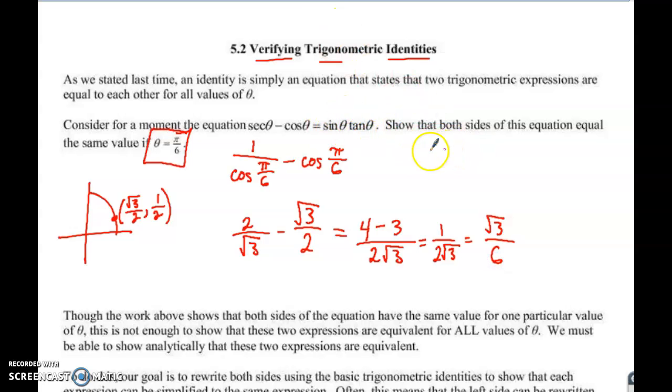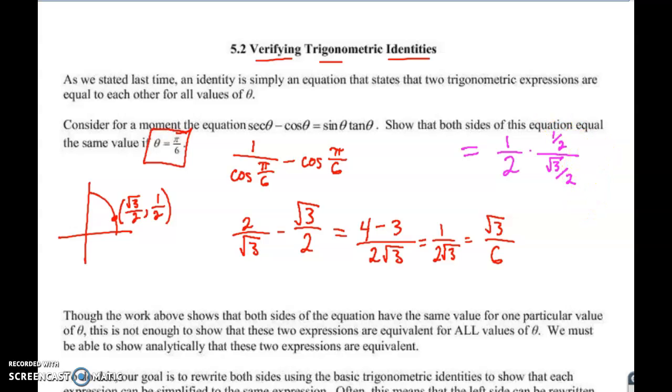Now if you do the right side, in a different color, the sine coordinate of that would be 1/2. Tangent, by definition, is sine over cosine, so that would be 1/2 over root 3 over 2. I should be showing steps, but I'm not. I'm sorry for that. I've shown you tricks before where you divide by the same denominator and they cancel each other out.